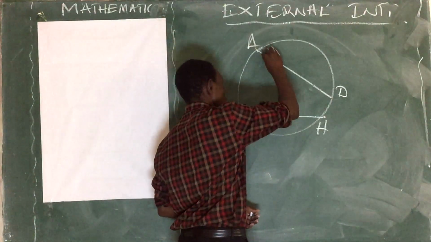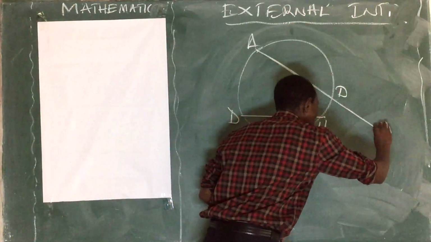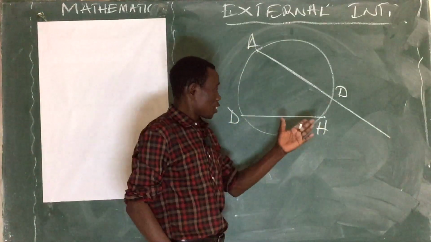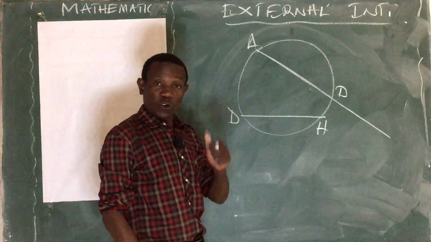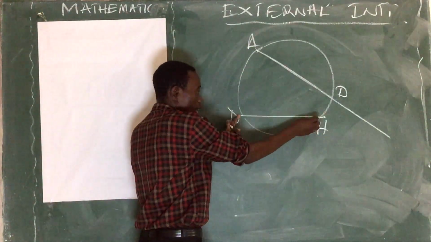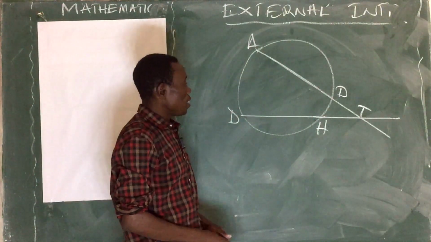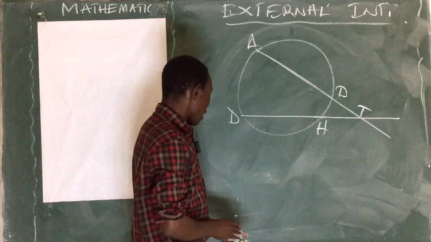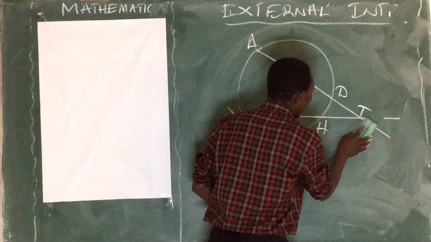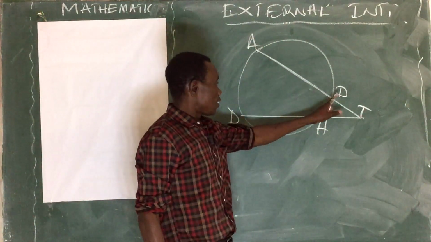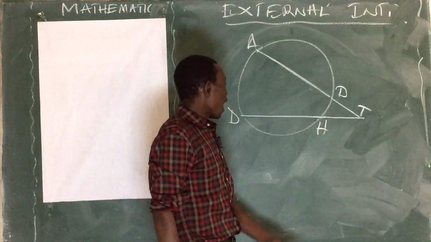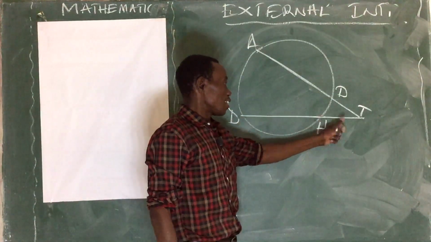Like say AB can be extended outside to a point where it can cross another chord like DH, at maybe point T. Here we'll be interested to see the relationship between chord AB extended to T and chord DH extended to T.